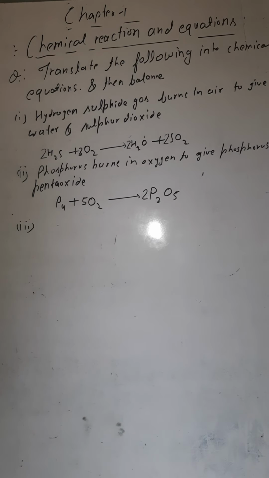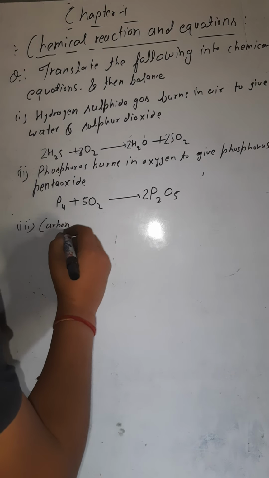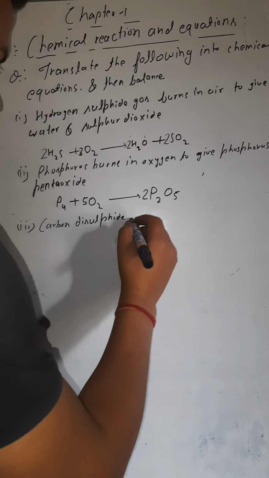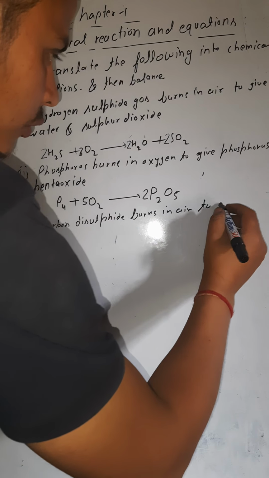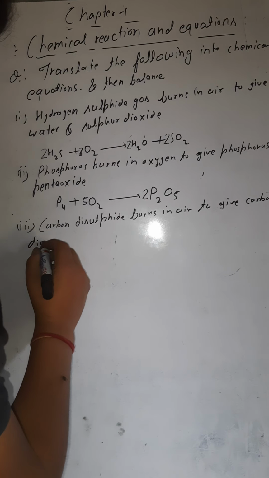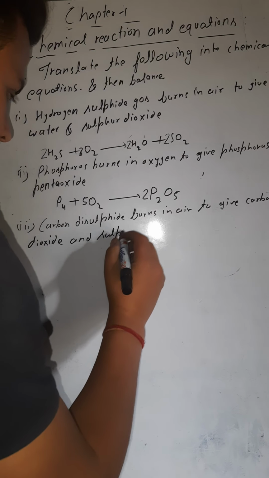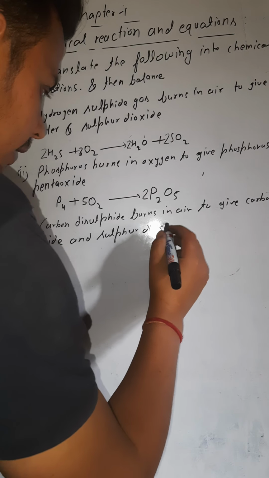Third one is: carbon disulfide burns in air to give carbon dioxide and sulfur dioxide.